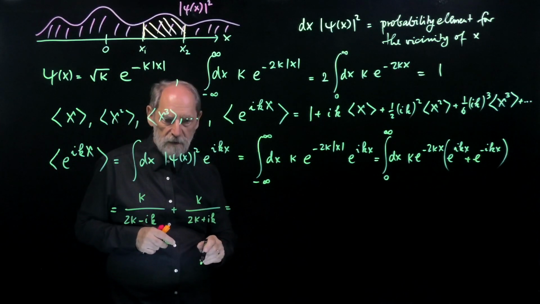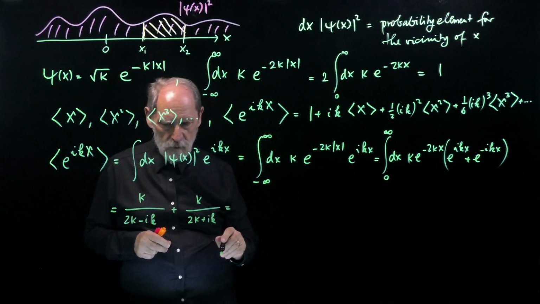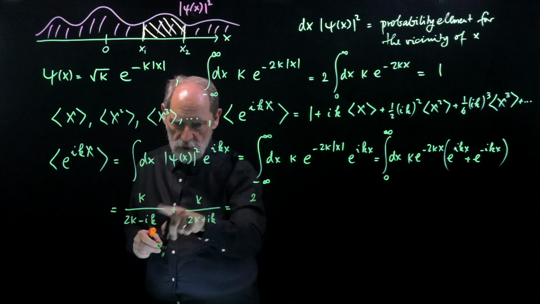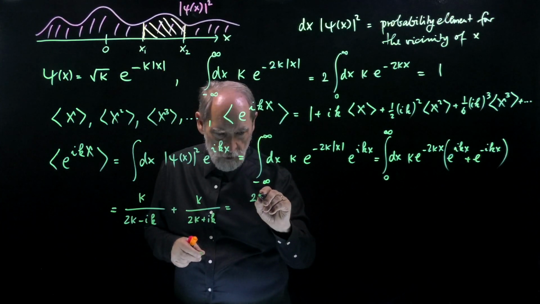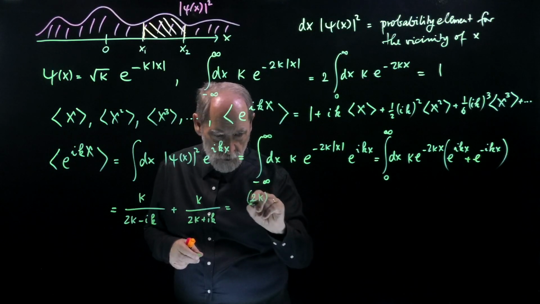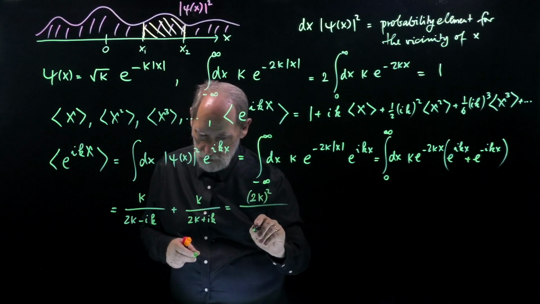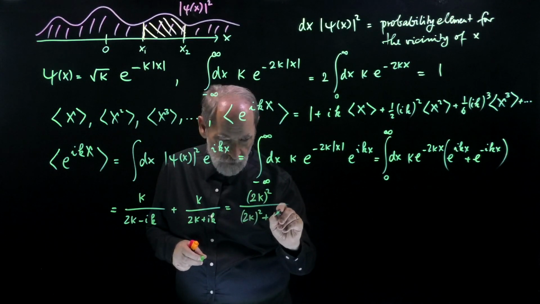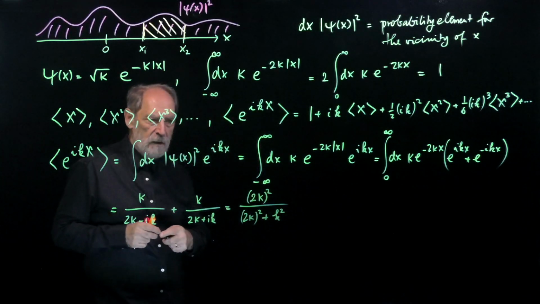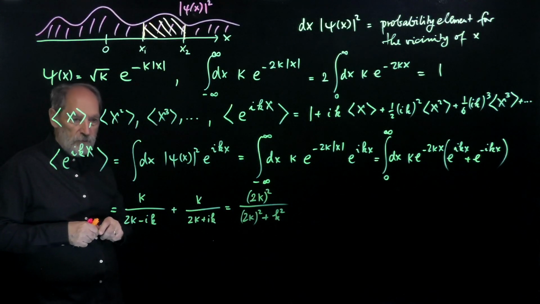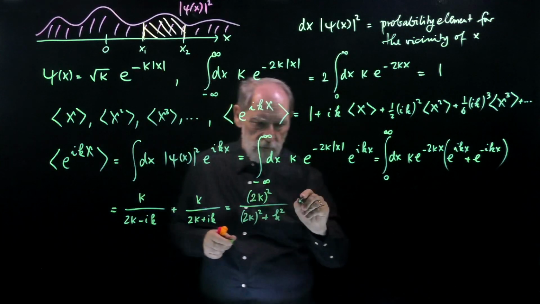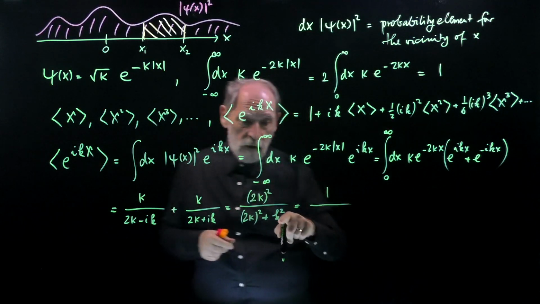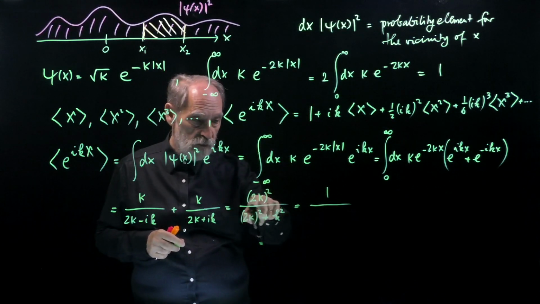Alright, so we combine this into one expression, by just combining the two fractions into one. It will be 4 kappa squared over 4 kappa squared plus k squared. And I'm going to rewrite this a little bit by dividing the numerator and the denominator by 4 kappa squared.